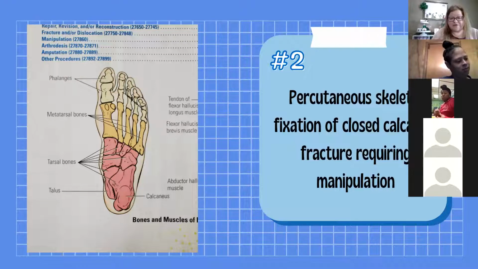Whether you look it up by manipulation, it's going to give you a list of body parts that can be manipulated and what page or code corresponds, right? You look up fracture, it's going to give you a list of body parts that can be fractured, right? Same thing with calcaneal. I had no idea what that was, but I just went ahead and looked it up, and I found calcaneus, I think was how you say that, and what it was.